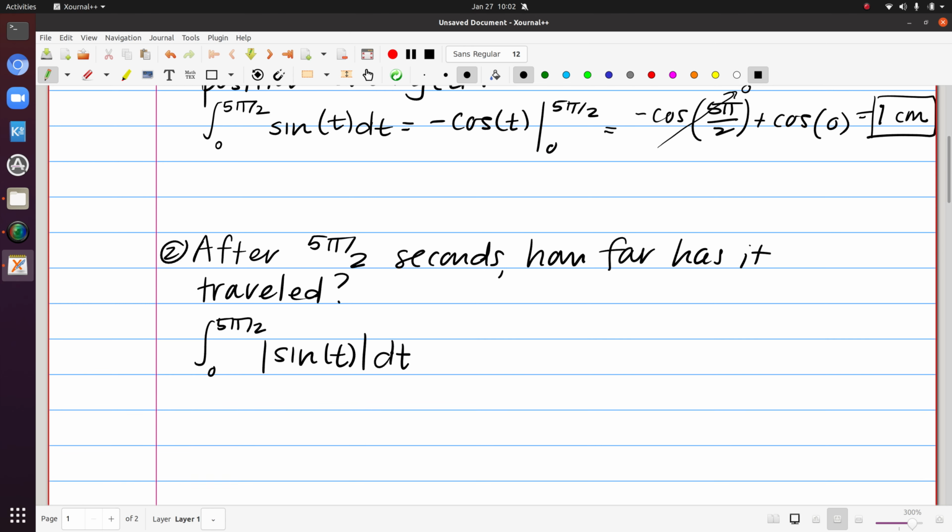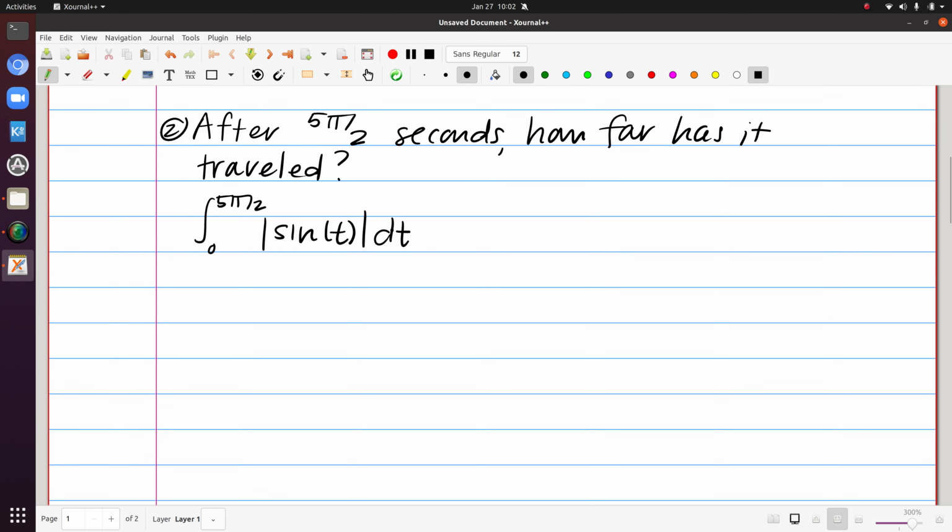And as we saw in the previous video, that very much means that I need to focus on where sine is positive and negative. So we can think about the sine graph here, and sine passes through the origin, and then we know that it comes back down at pi, it comes back up at 2 pi, and then it's going to basically come back up to about here at 5 pi over 2.